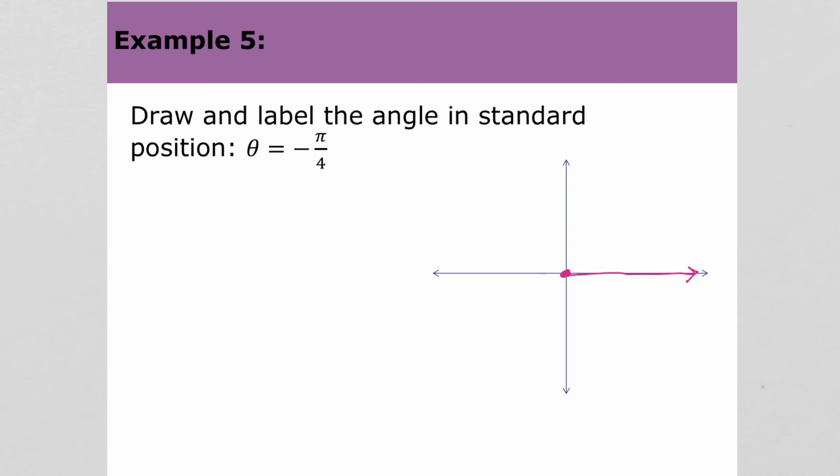So let's think about how far we would go. If we go all the way to here, that would be negative pi over 2. Pi over 4 would be halfway between 0 and pi over 2. So pi over 4 is approximately right in the middle. And this is our negative pi over 4.